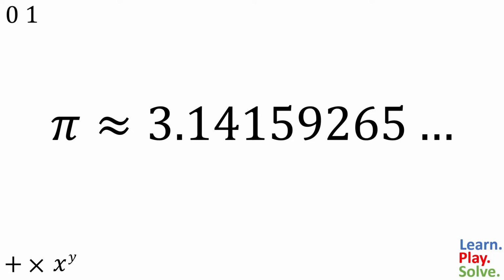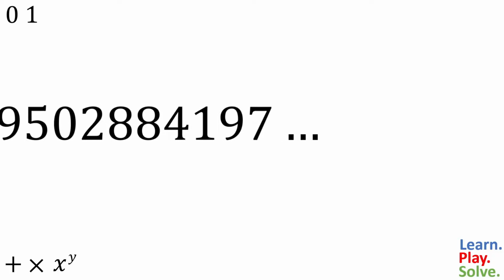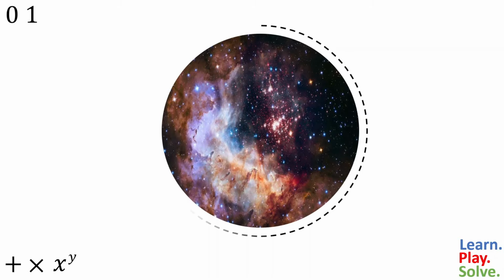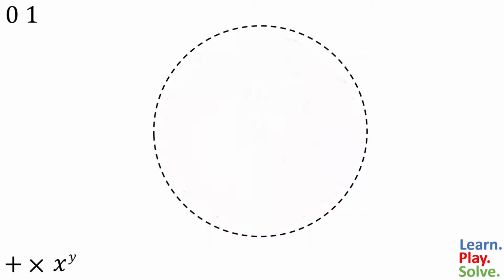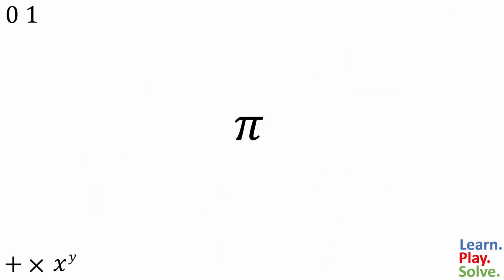It turns out this isn't really a problem because you only need to know pi to the 39th decimal place in order to calculate the circumference of the entire visible universe and still be accurate to within the diameter of a hydrogen atom. The applications of pi in math and science are countless.